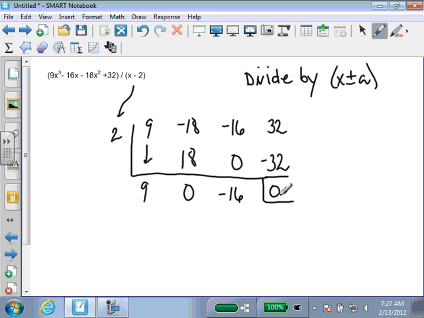In this case, our remainder is 0, which meant the division was even, and then we recollect. If this was a third-degree polynomial, one layer of synthetic division would give us a second-degree polynomial. So 9x squared plus 0x minus 16. That is our quotient.